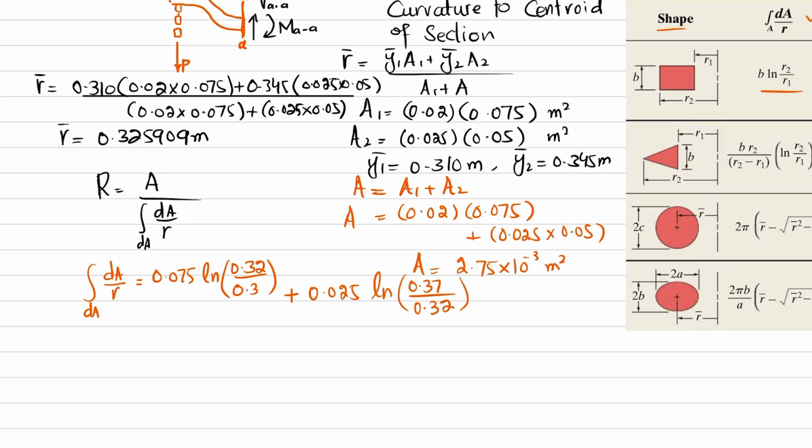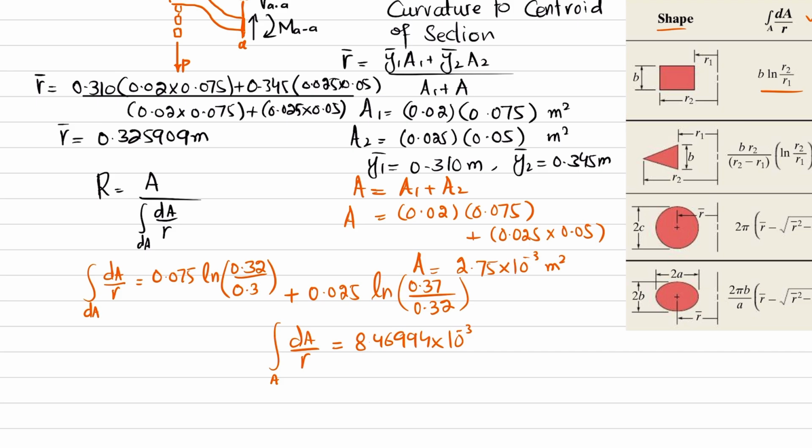Okay. So when you solve this, you will get the integral of dA over R for the entire area comes out to be 8.46994 × 10^-3.